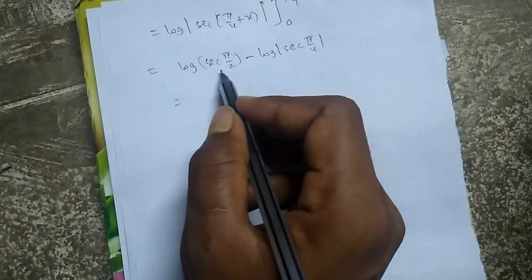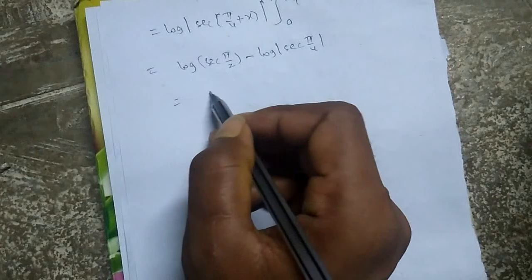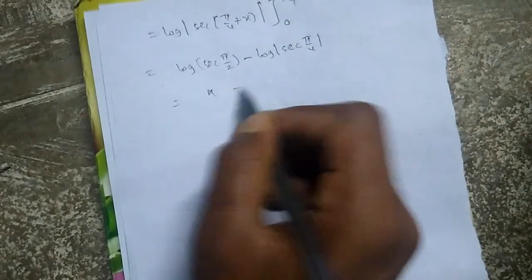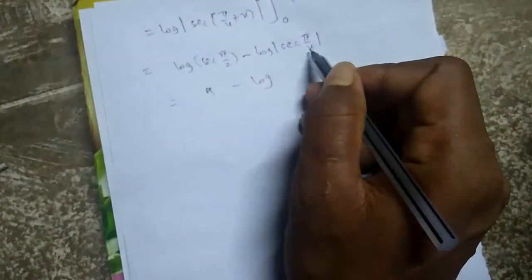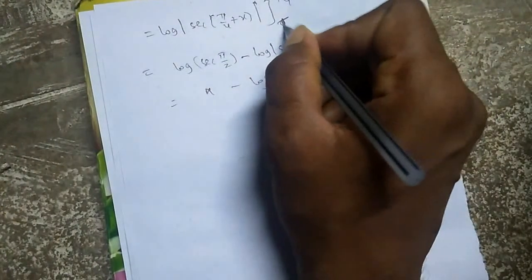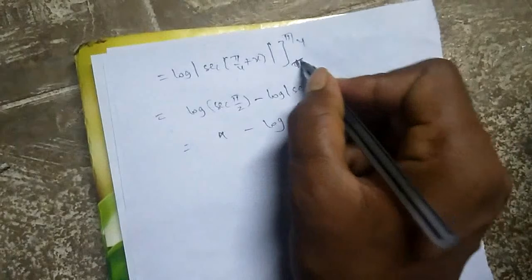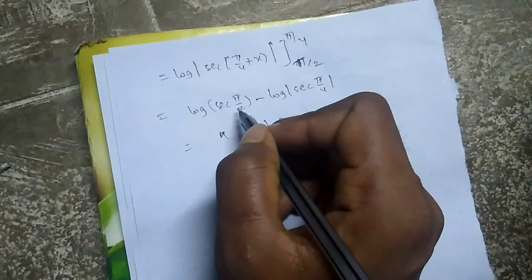Sec 90 is not defined, so this value should not be here. Maybe the limits should be 0 to pi by 2, then it will be right, because otherwise the value is not defined.